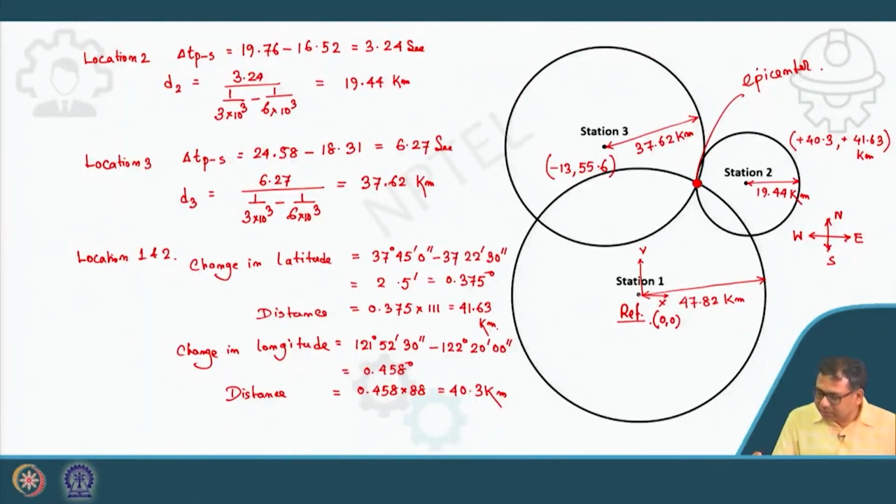So now I know this is my reference point 0, 0. With respect to this reference point, I can measure the distance of this point. It is basically positive. Then what will be the x coordinate, what will be the y coordinate? The y coordinate of this point will represent that it is located towards the north as compared to station 1, and the x coordinate will represent that it is located towards the east, because both are positive.